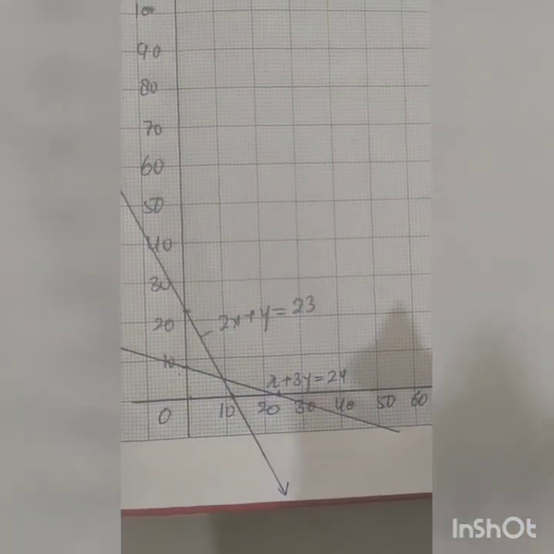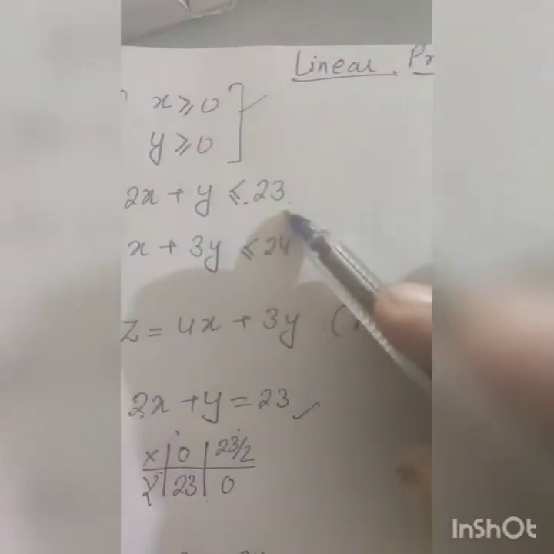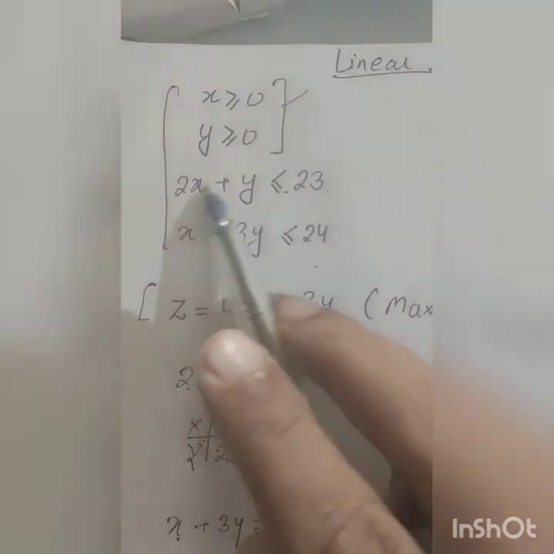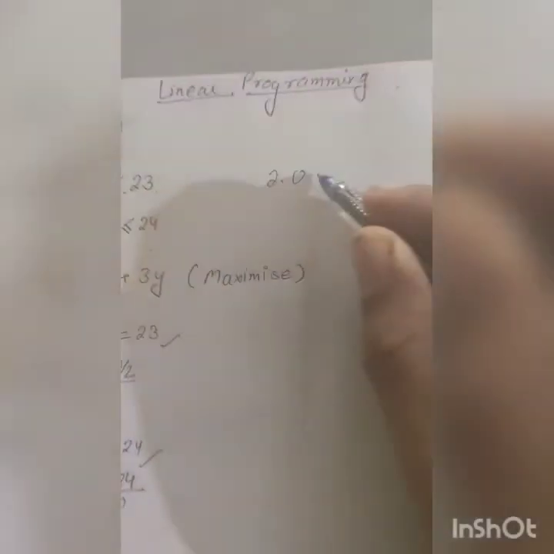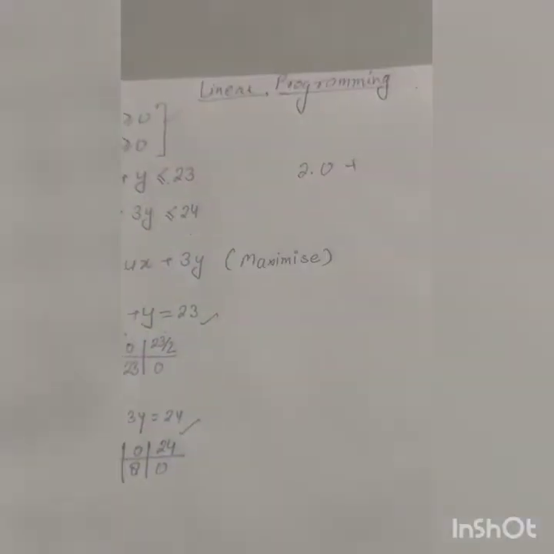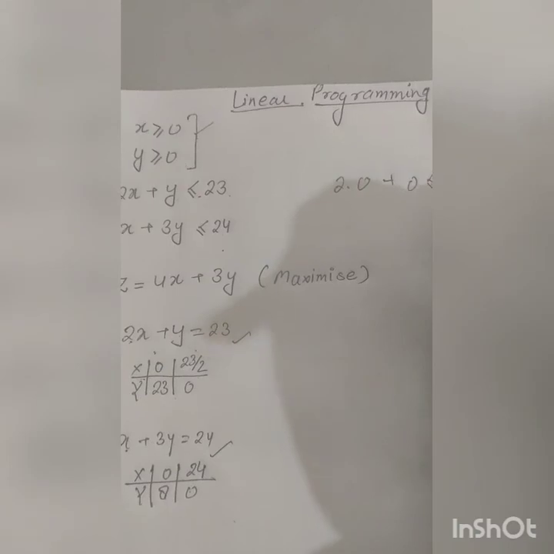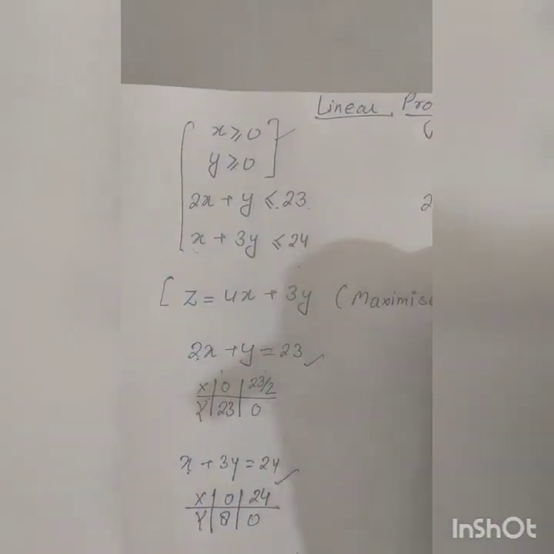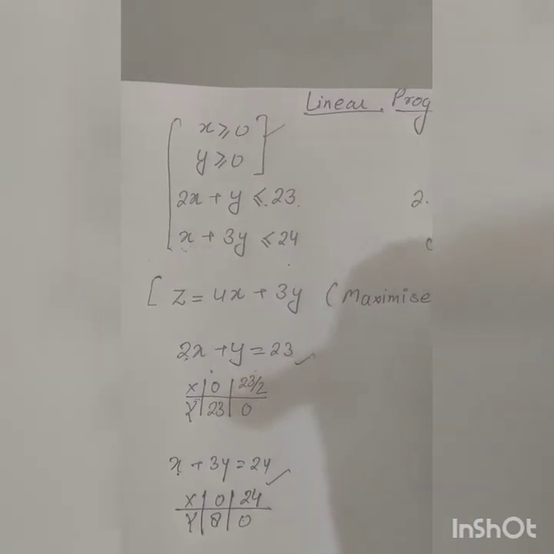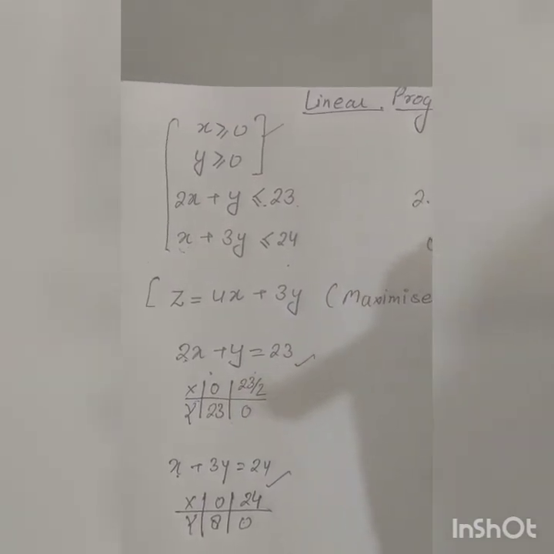Now both are less than or equal to, so if we put 0, 0, then 2 into 0 plus 0 is 0, which is less than or equal to 23, true. Checking the other, 0 plus 3 into 0 is less than or equal to 24, true.